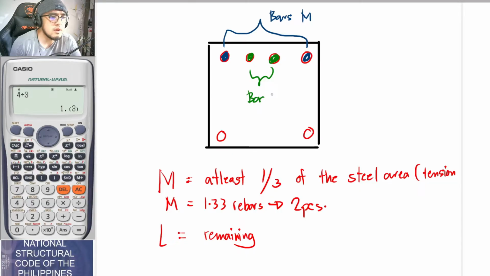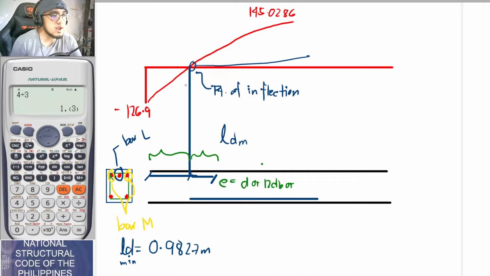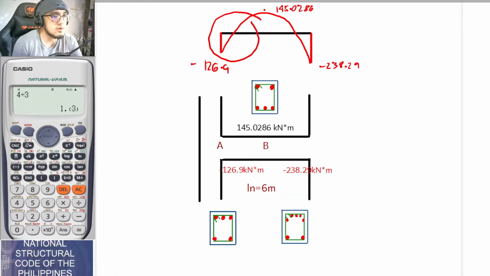So what is the importance of segregating both of these, bars L and bars M? In this section, guys, let's go back here. Since, as you can see, at the top portion you would be having 3 rebars.